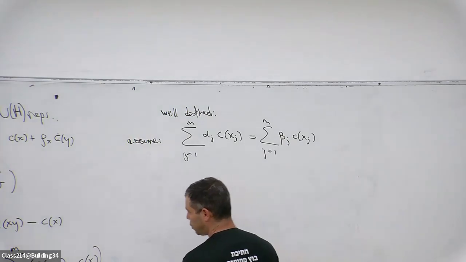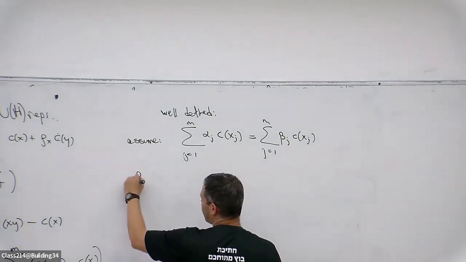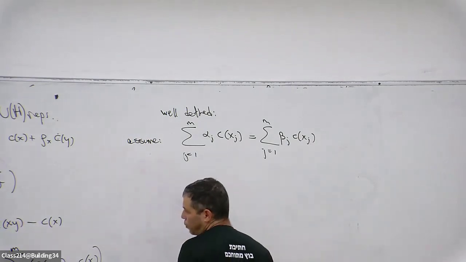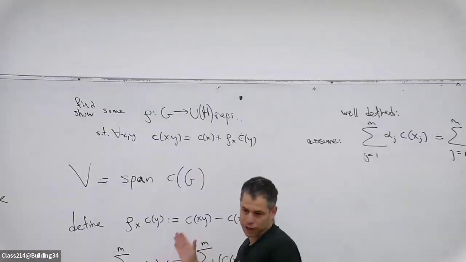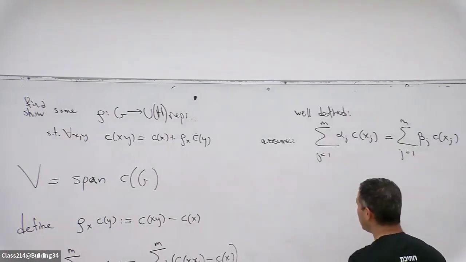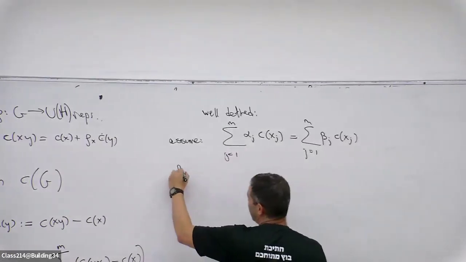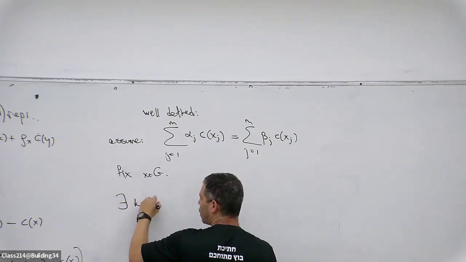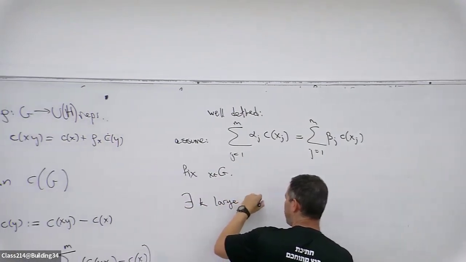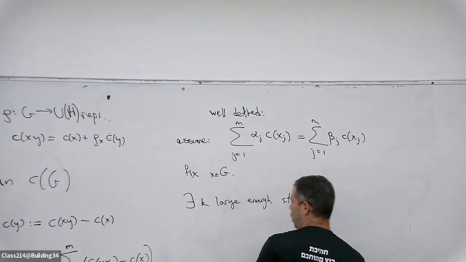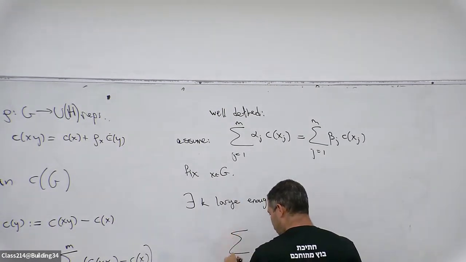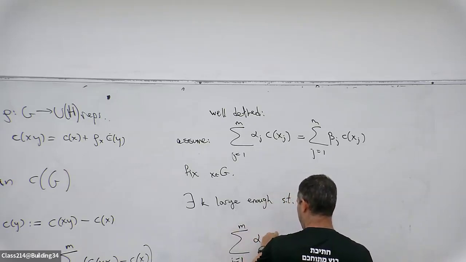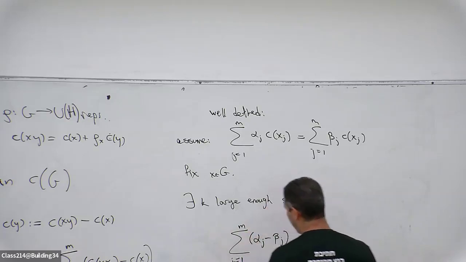So let's write what the answer is. We need to show that rho x is well defined for a fixed x; then it will hold for every x. So assume that this happens and fix x in G. And then there exists k large enough such that this whole sum, what do I want to show?